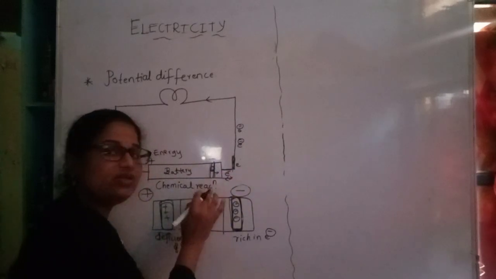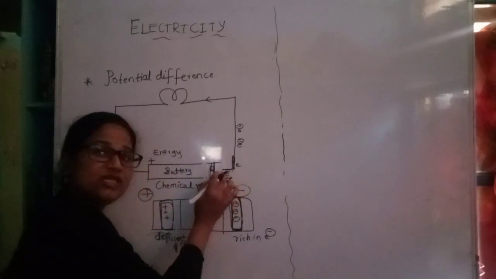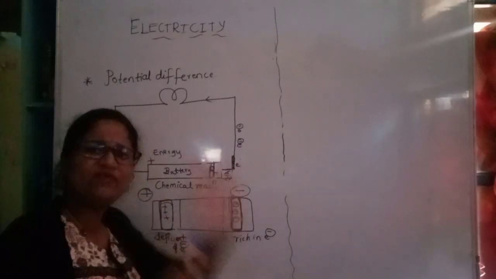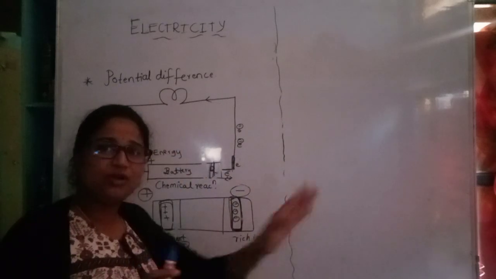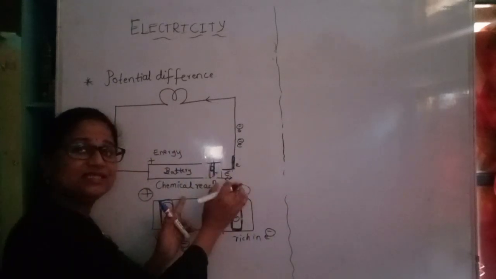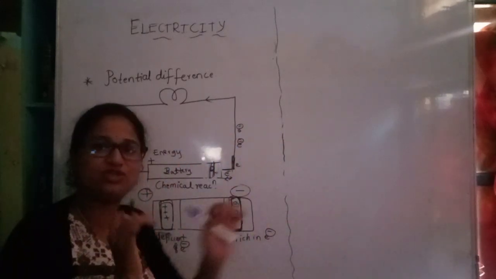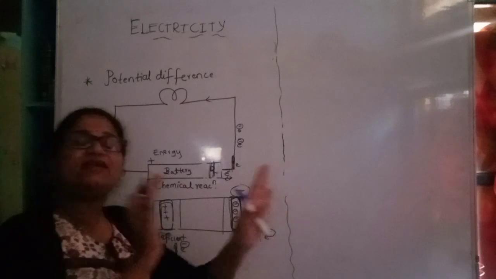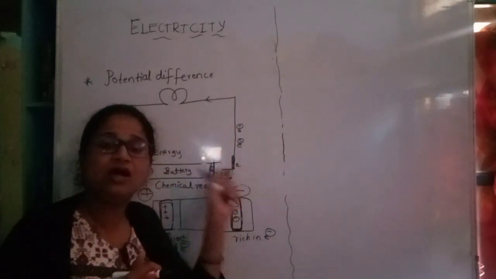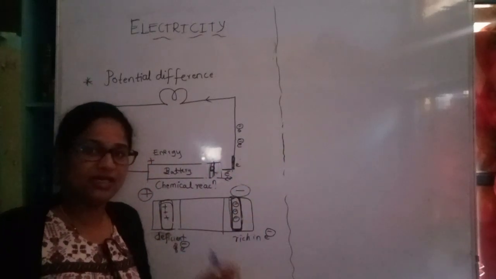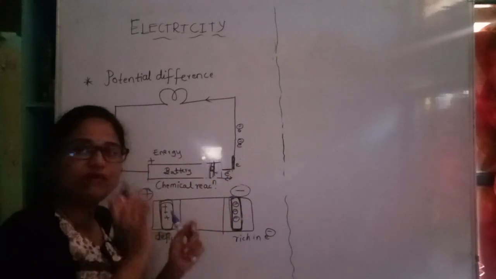The negative charge at this end says to the electron in the wire, move away, I can't come towards you. These are like charges, and we know that like charges repel and move away from each other. Due to that repulsion, there will be a movement of electrons. This is how the battery creates a force and there is movement of electrons.